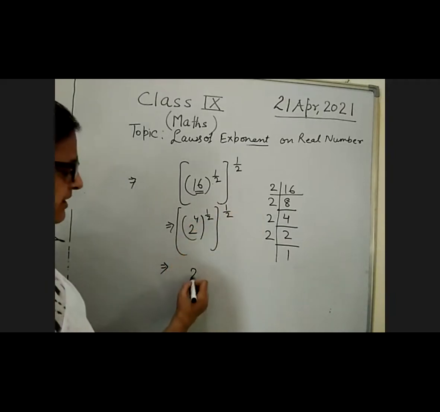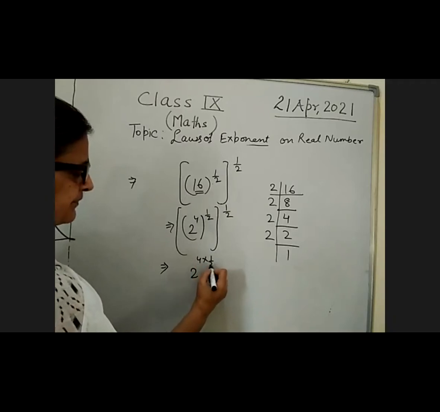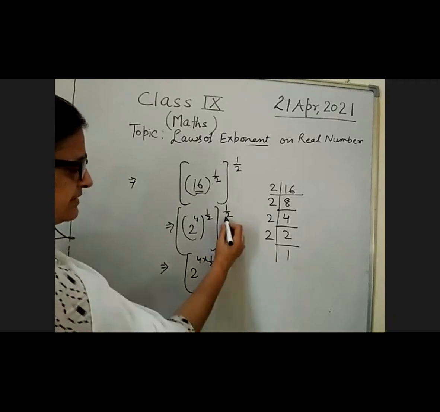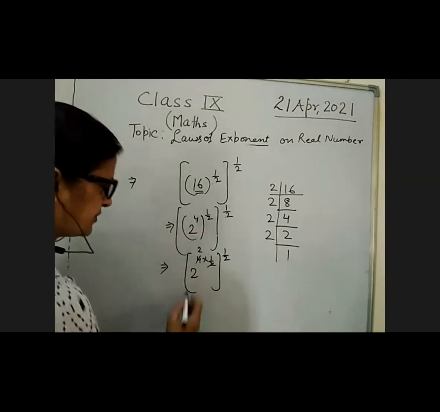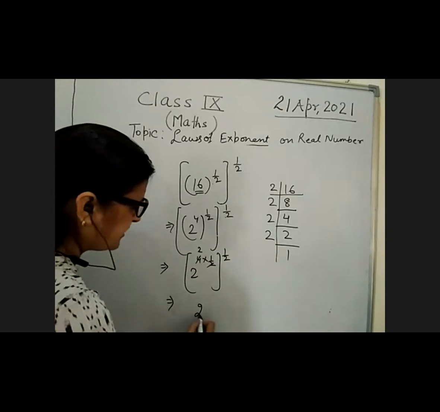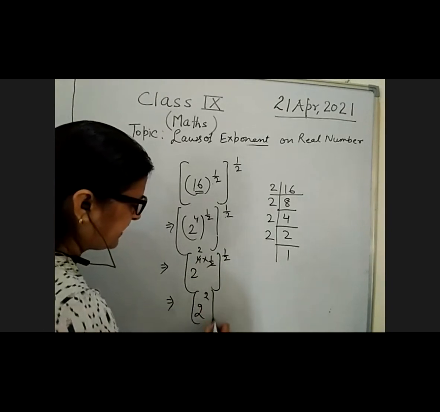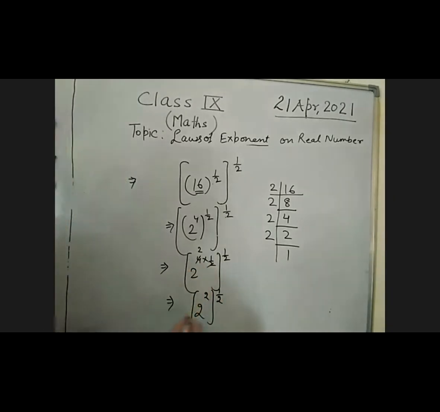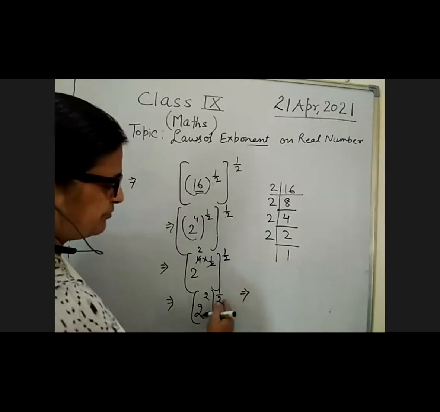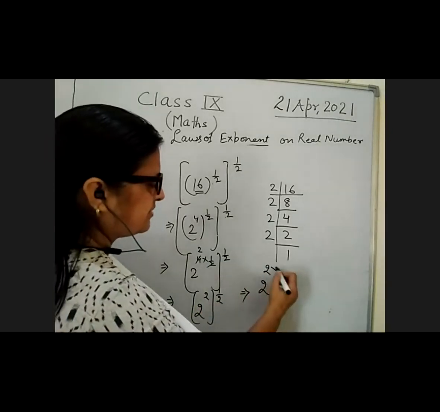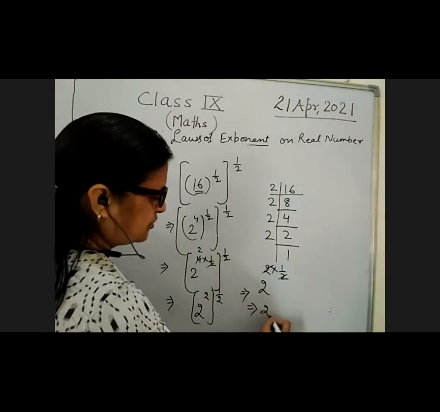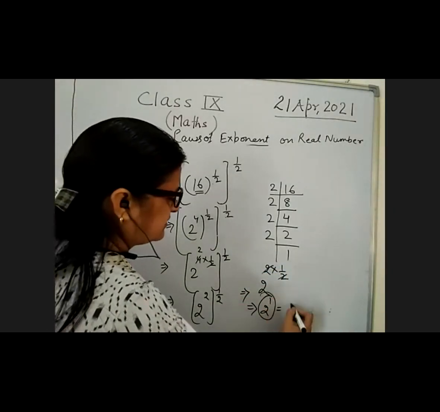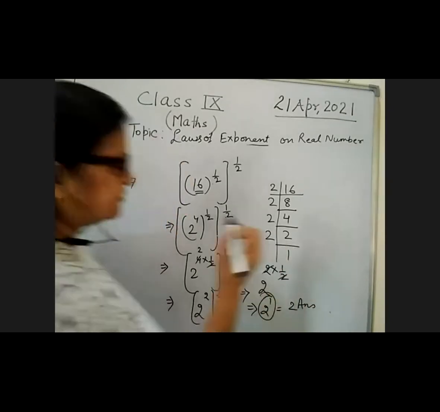First you will multiply together this power, and then half power is outside the square bracket. 2 2s are 4. Now 2 raised to the power 2 and again power half. Powers are multiplied with the power, cancel 2 by 2, and so 2 raised to the power 1, your answer is 2.